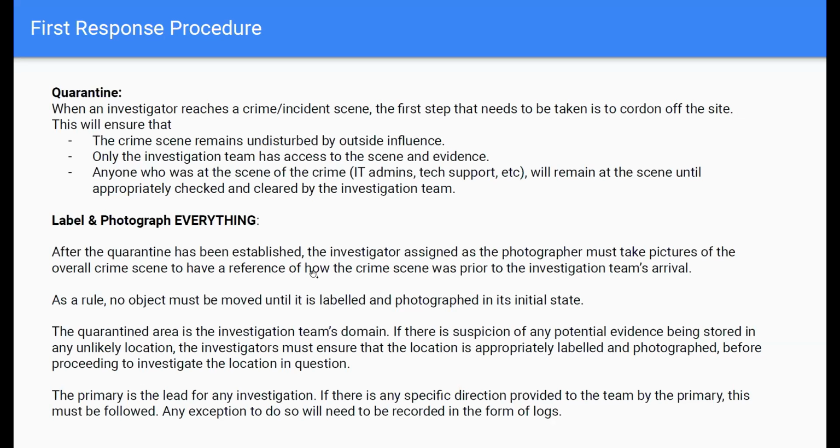Yeah, as a rule, no object must be moved until it is labeled and photographed in its initial state. So an example that I can give is, we had to do a workshop for corporate investigation at my master's, and the scenario was, a person had been doing insider trading, and he had been stealing classified information.